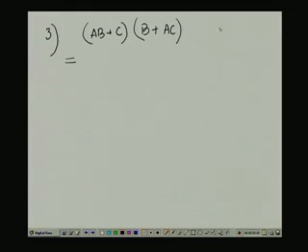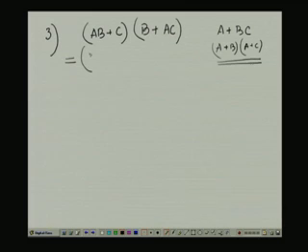We remember that A plus BC, if we apply the distributive law, becomes A plus B dot A plus C. Now, if I apply this theorem here, this is A plus C into B plus C. Similarly, the second term becomes two product terms: B plus A and B plus C.